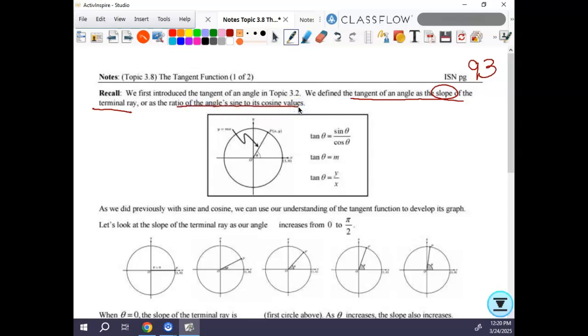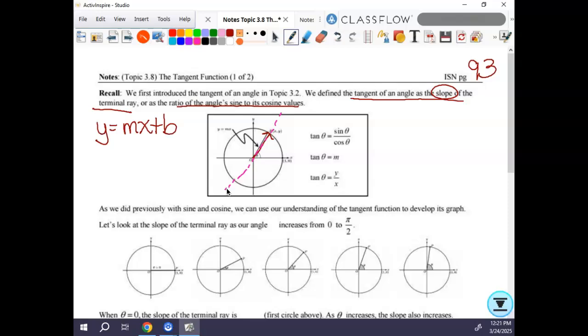But then I said, we've got to tie this to slope. Well, we know that we've got y equals mx plus b, right? And here's my terminal ray. So that terminal ray lives inside of this line right here.